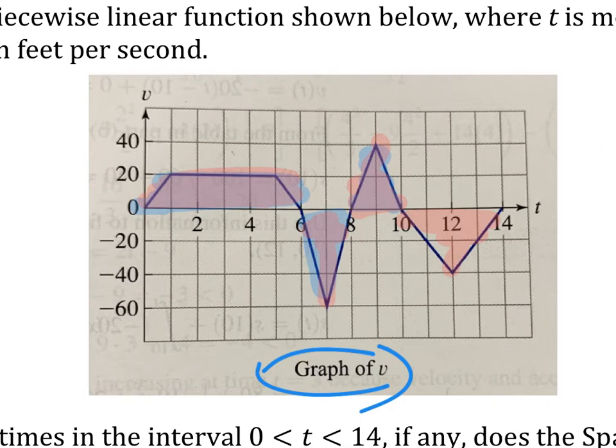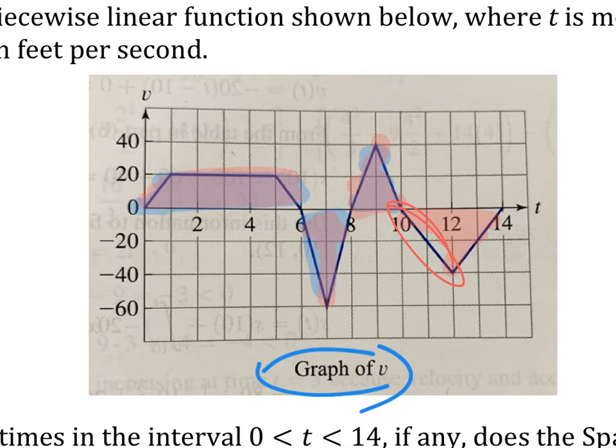So that's why the question wanted you to just focus on 10 to 12, which is this line segment. So basically they want you to write an equation for this line. And then they want you to do that for V, A, and S. Since they give you the graph for V, it's much easier if you just start in V.